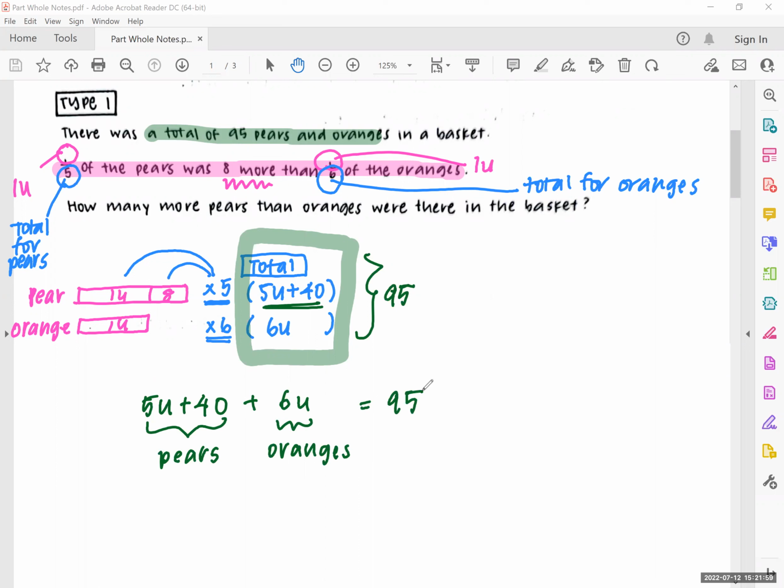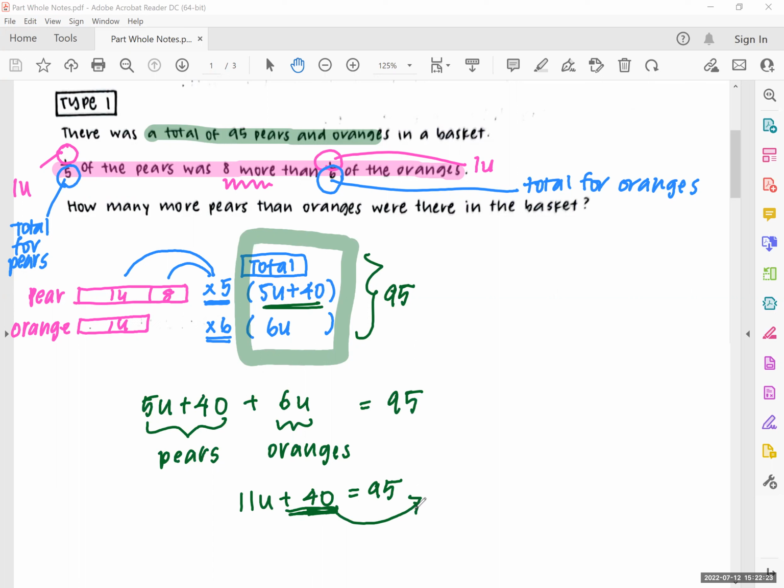So remember when we learned that we need to add the units together. We have 5 units and 6 units. It will be 11 units plus 40 is equal to 95. We also learned that we need to bring the numbers together because this is not a unit. So this is considered as plus 40, right? You need to bring it over to the right-hand side, correct?